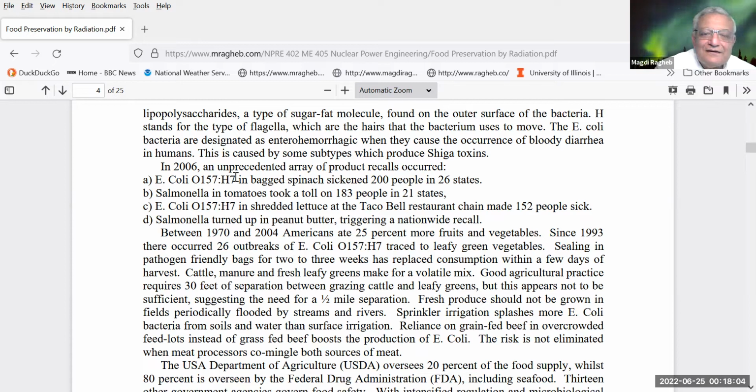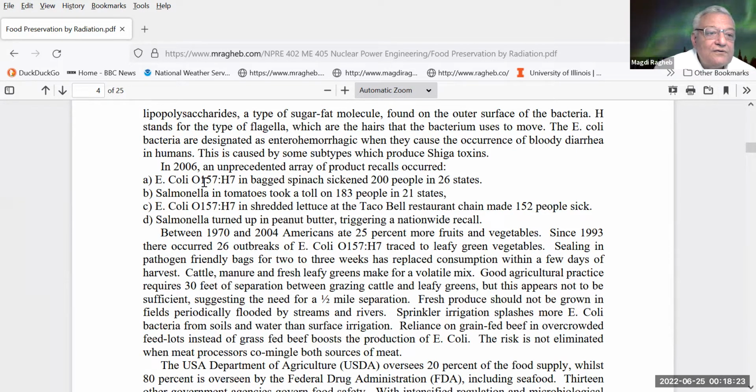In cows, when they slaughter them, they spill out the contents of their stomachs, and all the meat gets contaminated. So in that case, cooking food and having it very well cooked is an important aspect.